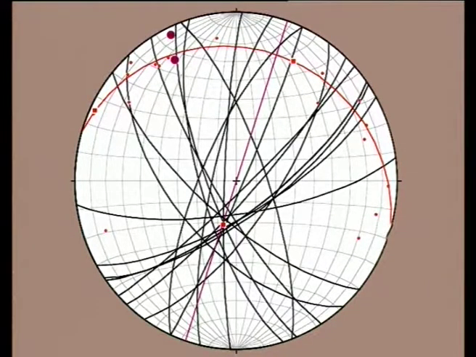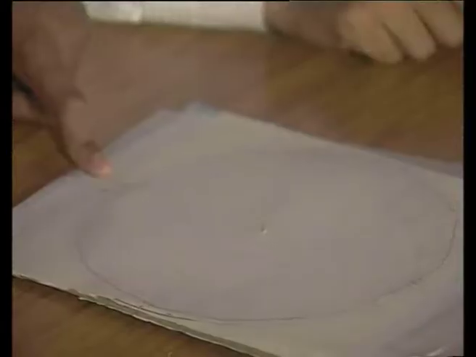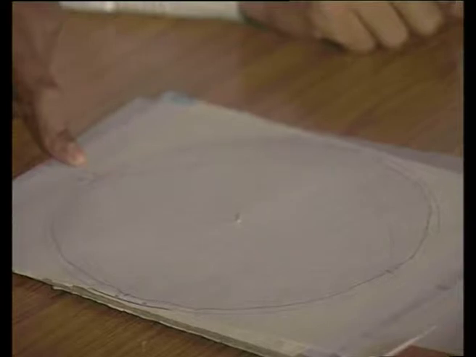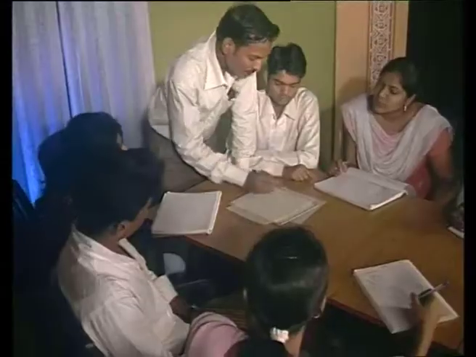We use a contouring net or counting net over the equal area plot of points on a transparent paper or overlay and mark out the center of the area with the total number of points there.